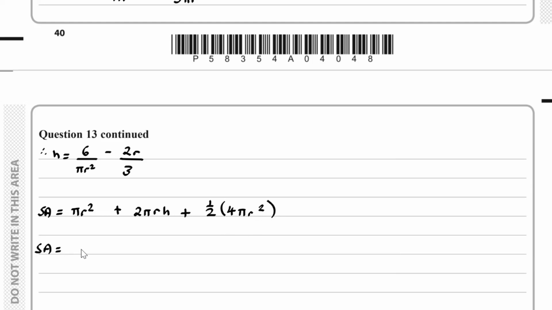So the surface area is given by pi r squared plus 2 pi r h plus 2 pi r squared, and I think at this point we can combine these together. So here we have 3 pi r squared plus 2 pi r h.